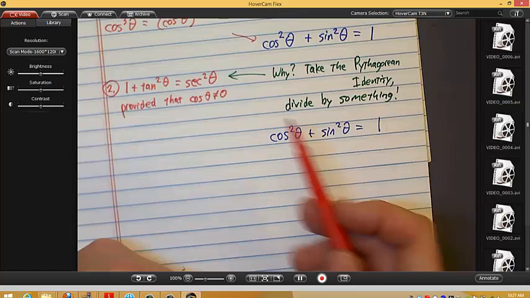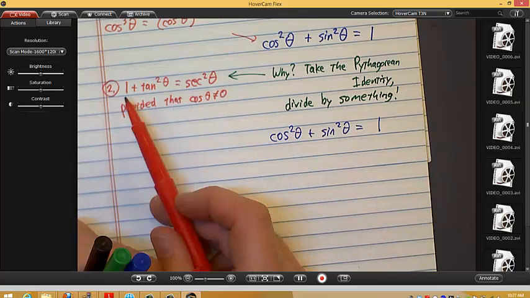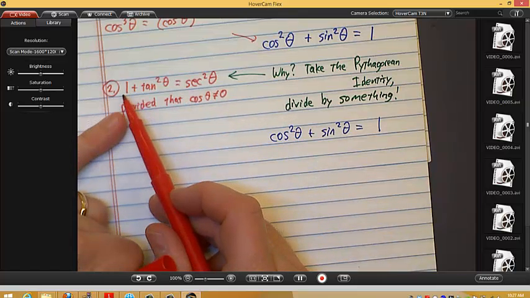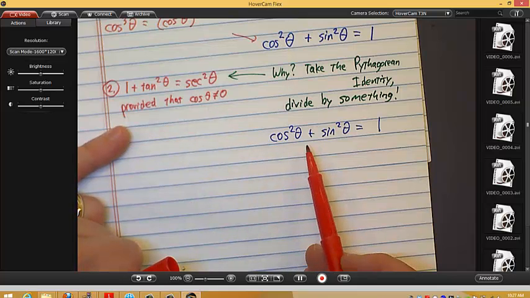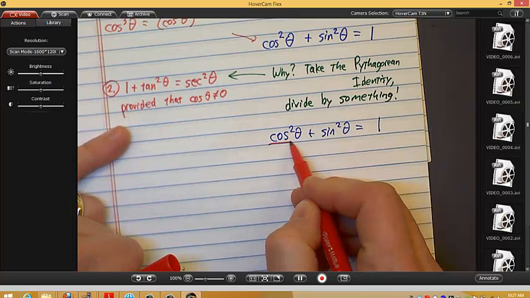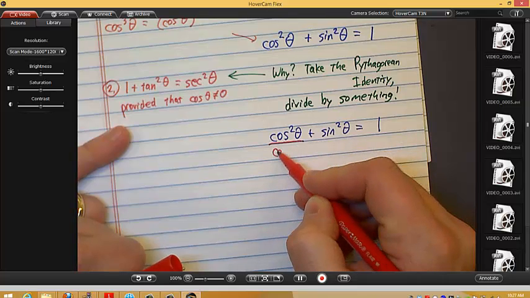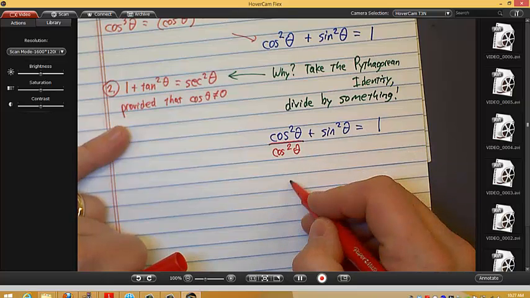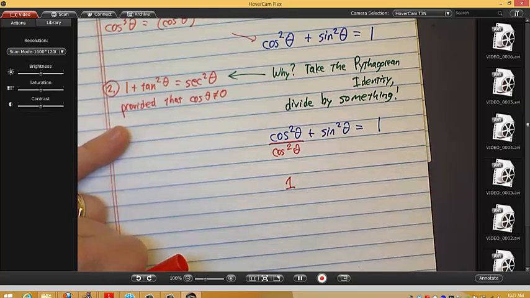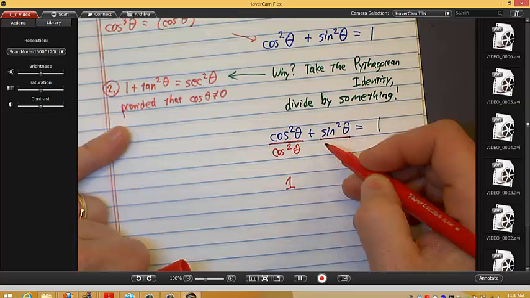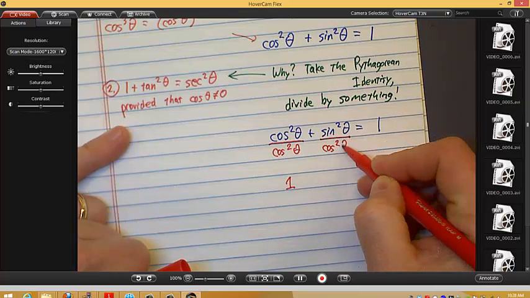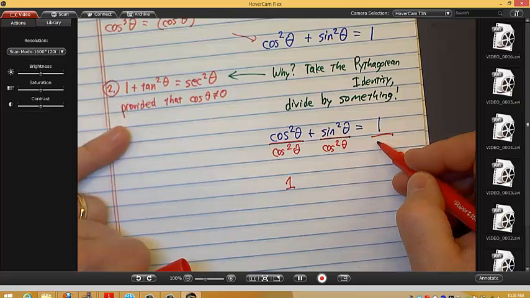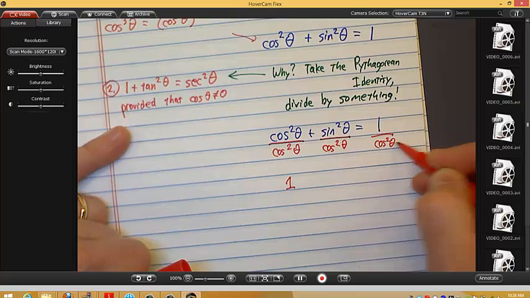If you're trying to get a 1 here, and right now it says cosine squared theta, let me divide it by cosine squared theta, and it'll become a 1. Now, are you allowed to do that? Well, you're allowed to divide by something as long as you do it to both sides of the equation. So I also have to divide this guy by cosine squared theta, and I also have to divide this guy by cosine squared theta. Right?